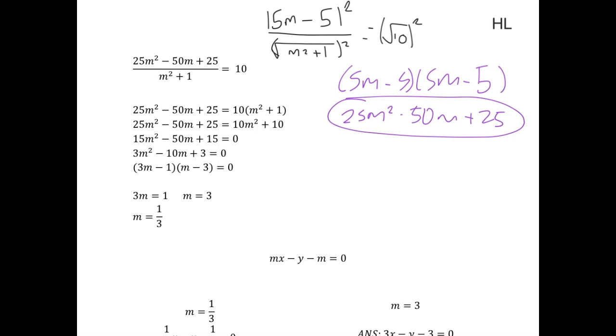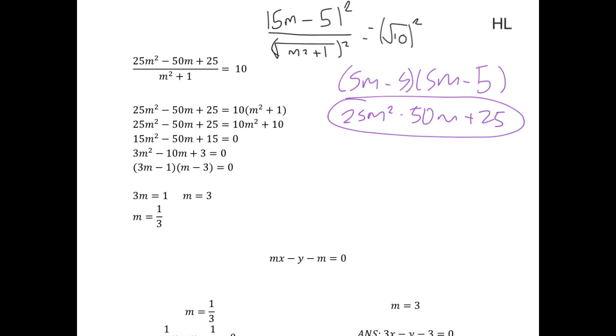Then what we do is we multiply both sides by m squared plus 1 to cancel out this fraction. So the top line up here is what's on the left, and we have 10 multiplied by m squared plus 1. Multiplying this out, we get 10m squared plus 10. Bringing everything to one side of the equals leaves us with 15m squared minus 50m plus 15 equals 0.